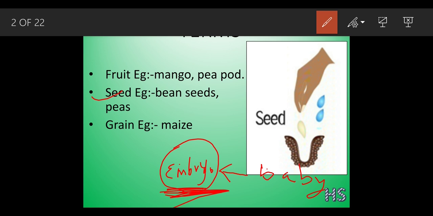After a period of nine months, when we come out of our mother, that condition is called a baby or infant. Similarly, the embryo is present inside the seed, which, when it gets the proper amount of nourishment, will eventually convert into a plant. What is this outside structure called? It is called the seed coat. The outside structure of the seed is called the seed coat. What is the function of the seed coat?